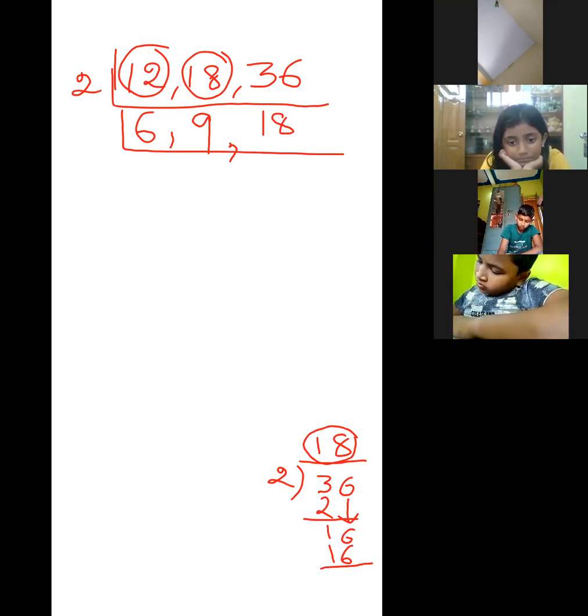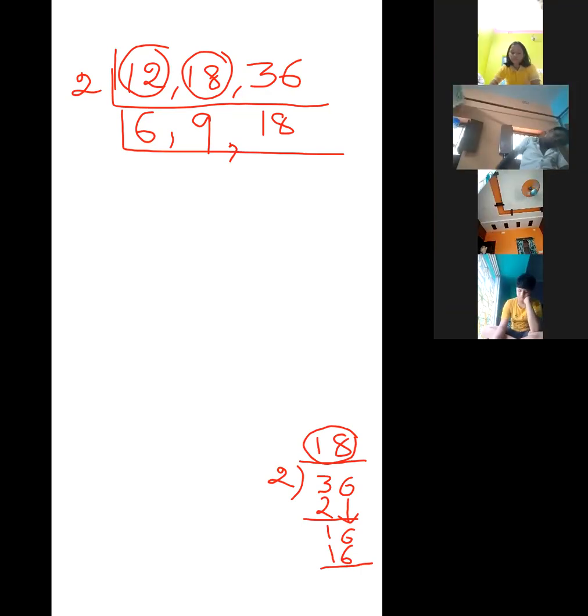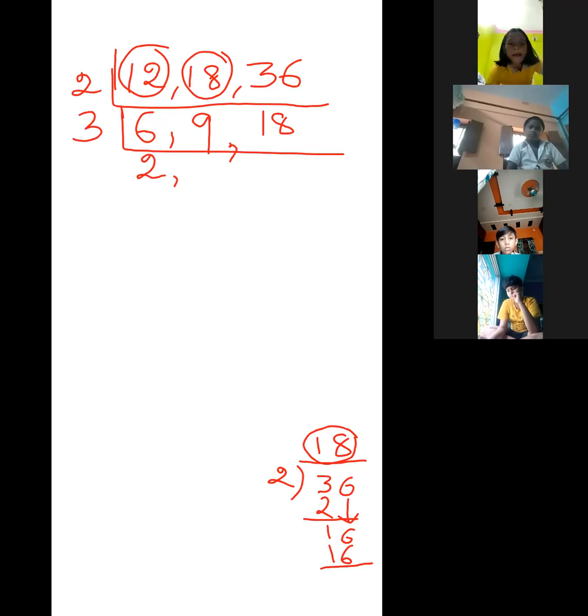Sheikh Irfan, what are you doing? Anjum, now which number will we take? Look, all the numbers are divisible by 3, no? 3 is their common factor. So we can take 3. 3 2s are 6, 3 3s are 9, 3 6s are 18. Yes or no?